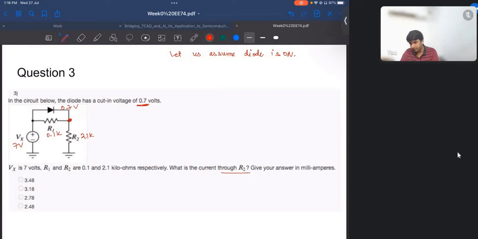If we apply KCL here, the equation will be (Vx minus 0.7) by R2, let us say this current is I2, plus I1, let us say this current is I1, equal to ID.